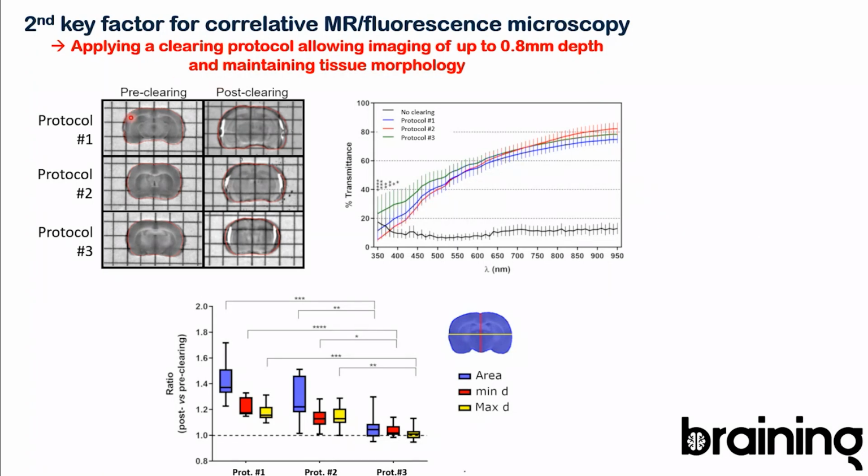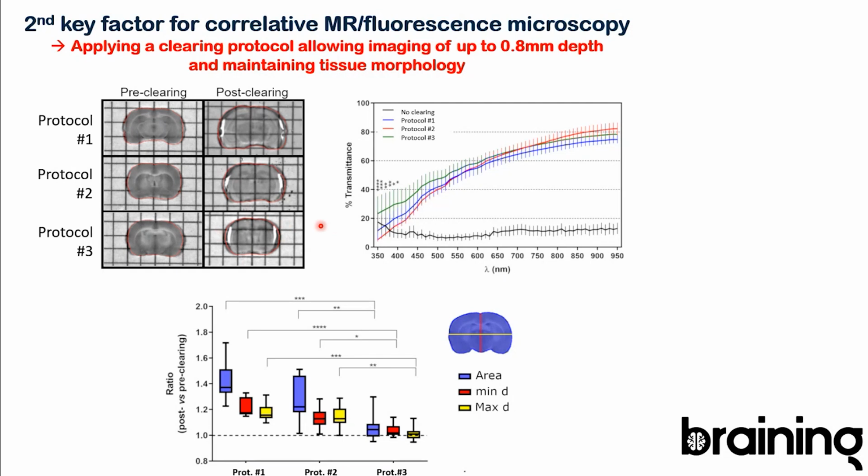So what we did was pick a protocol relying on a passive clearing system which did not contain detergent, and we optimized the protocol so that, as you can see here, before and after the clearing, we were getting no, or at least no appreciable, changes in the overall dimensions of the slice. And clearing a slice is definitely easier than clearing the full brain.